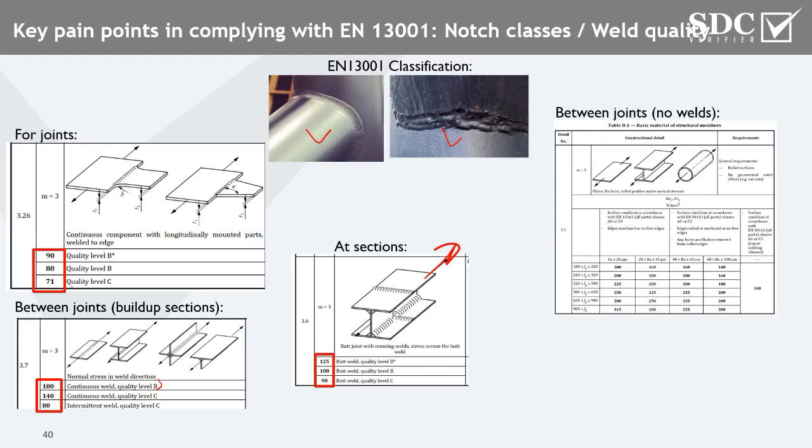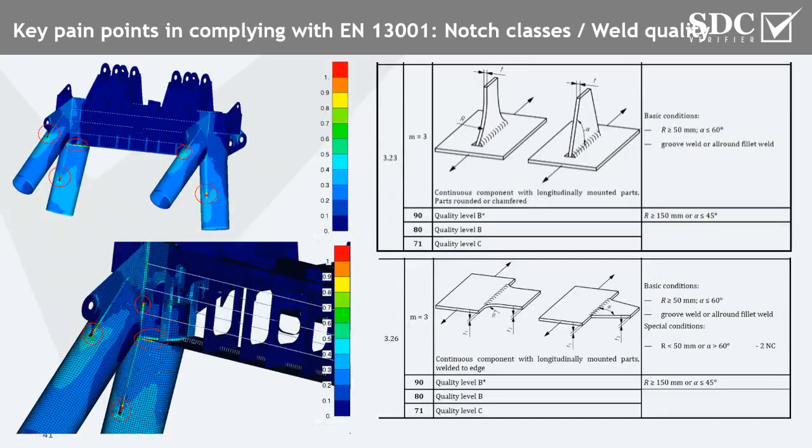So if it's along the weld direction or perpendicular to the weld direction, depending on whether you have a full penetration weld or single fillet weld, and of course, what is the weld quality we discussed here. So this results in certain numbers, and these numbers are different for different kinds of connections, welding qualities, weld types, and so on. So this is a crucial step.